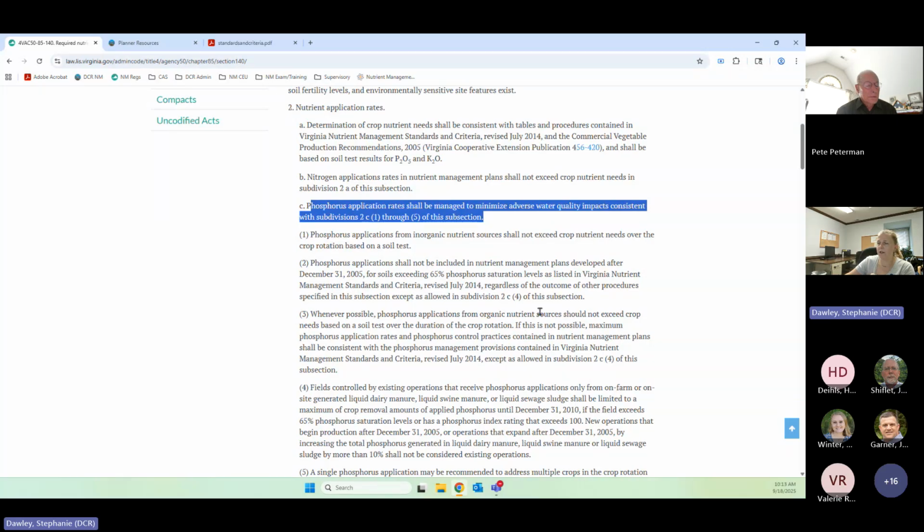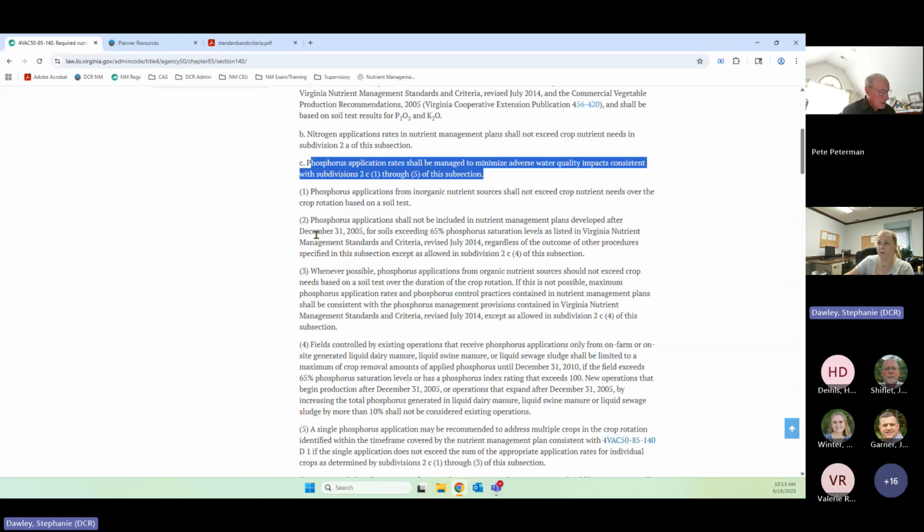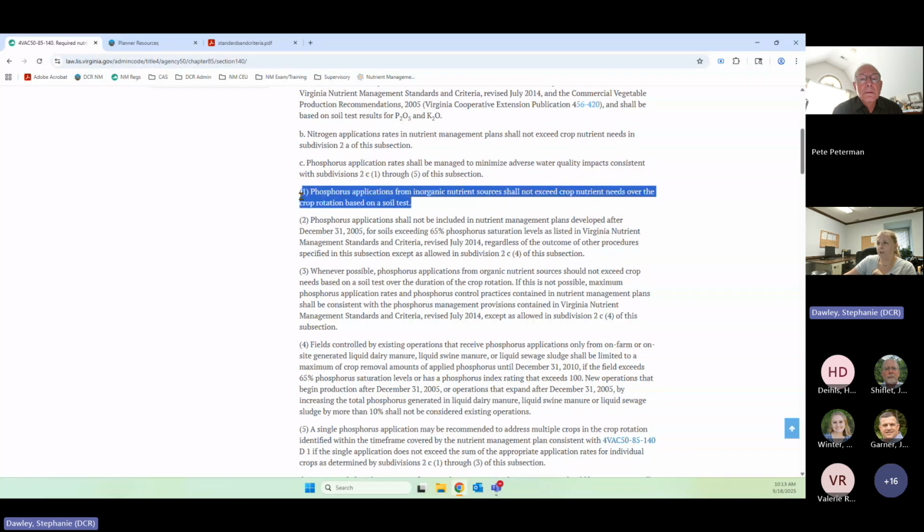Then we started to go a bit more in depth, and on December 31st, 2005, they added in the P index and how to manage phosphorus more consistently from there. Even though it says shall be managed to minimize adverse water quality impacts, that sounds like you can apply phosphorus to your heart's desire.